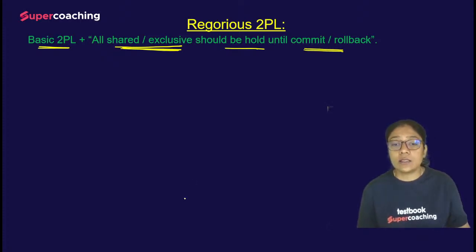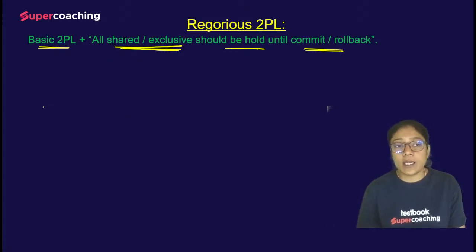Another difference between rigorous and strict 2PL is, since it is 2PL, serializability will be there.